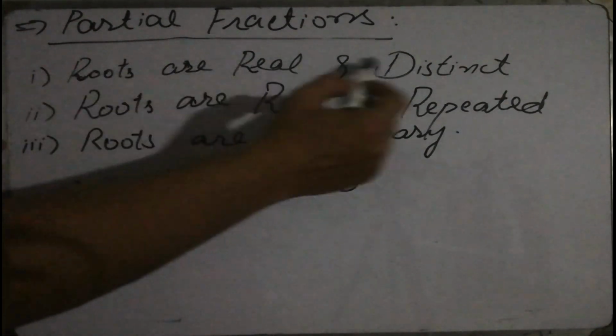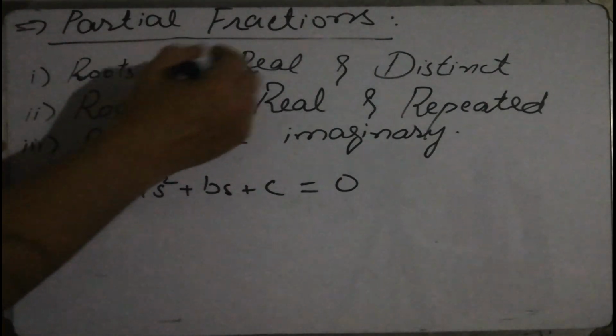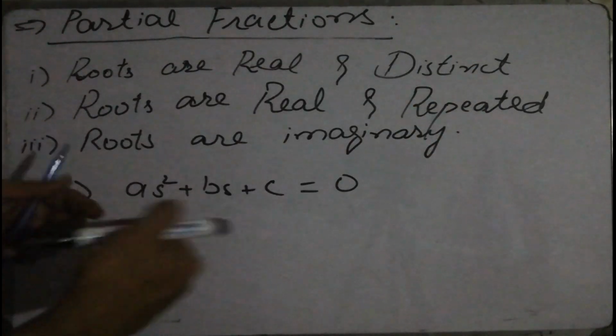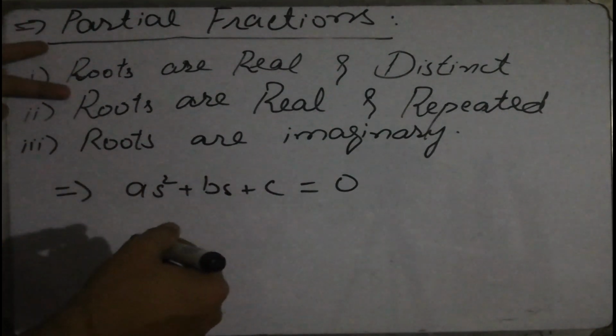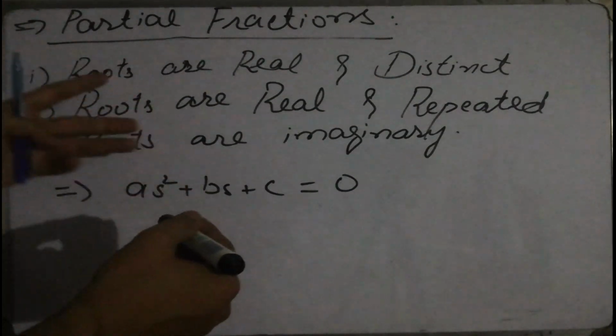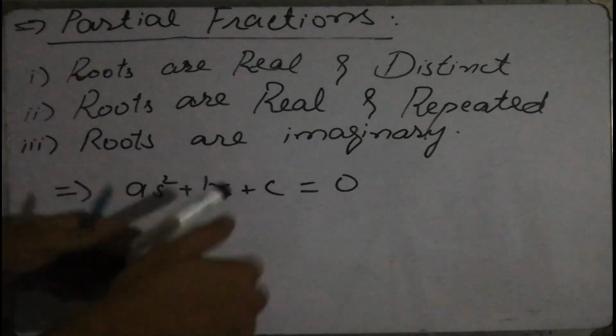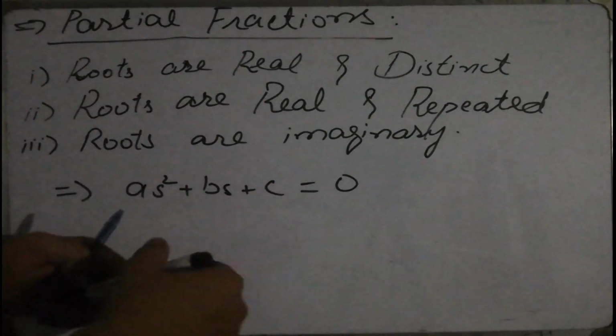So if the denominator is in this form, then its roots will determine which case to follow, right? If the roots of the denominator are real and distinct, meaning they are different from each other and they are also real numbers, then we would follow this case. If the roots are real and repeated, that means they are real numbers but there are one or two roots that are repeated again and again.